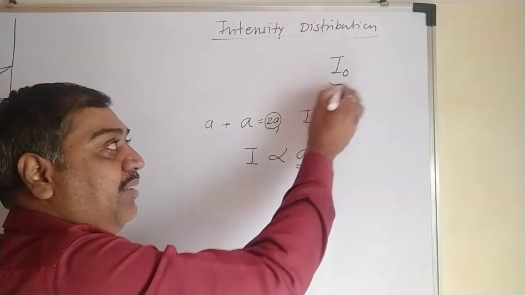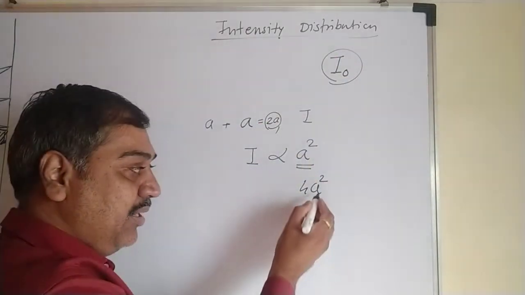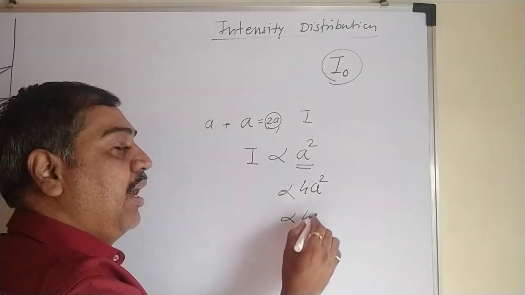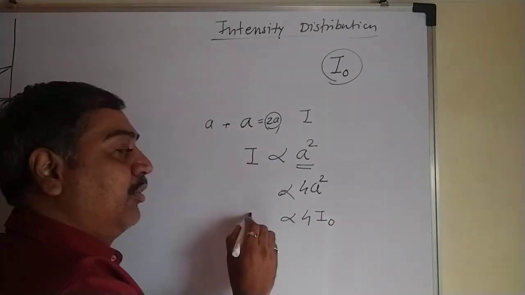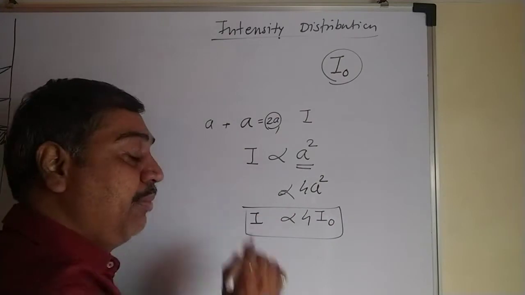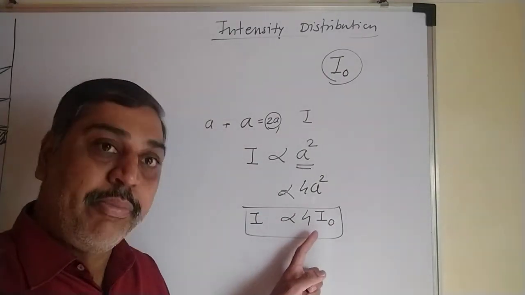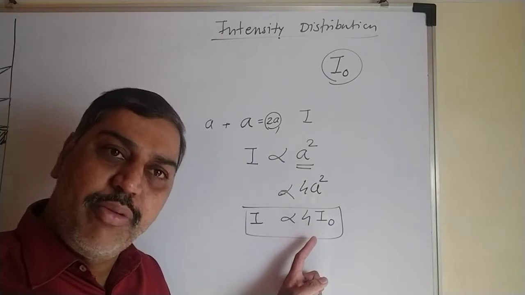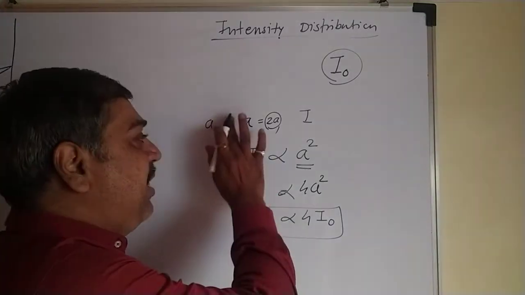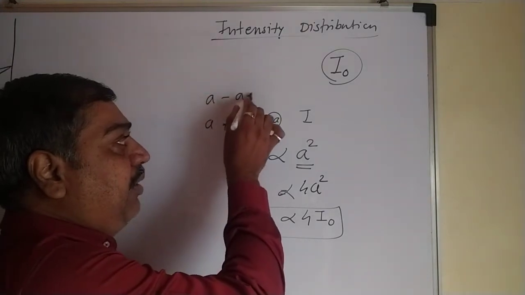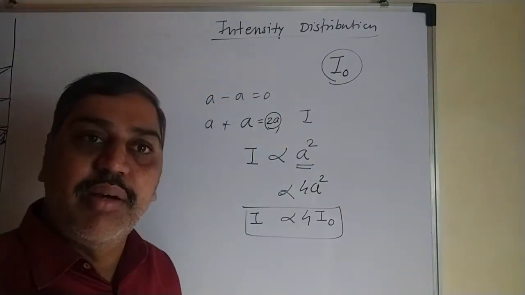4A square, and the intensity of the incident wave is I0, which is A square, so we can write it as 4I0. So the maximum intensity of the interfering wave is 4I0, and the minimum intensity would definitely be 0. It is A plus A for constructive interference, and for destructive interference it is A minus A, which comes to be 0.